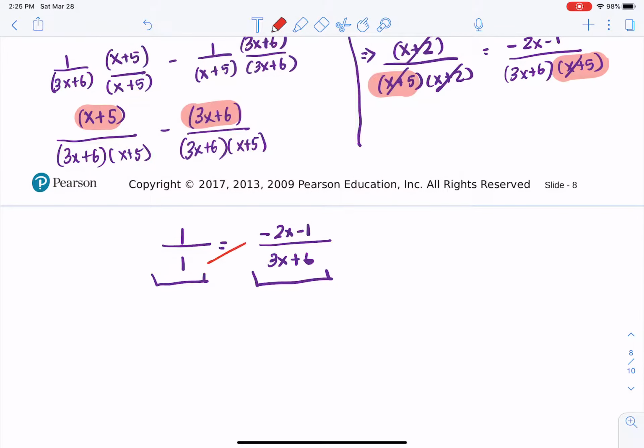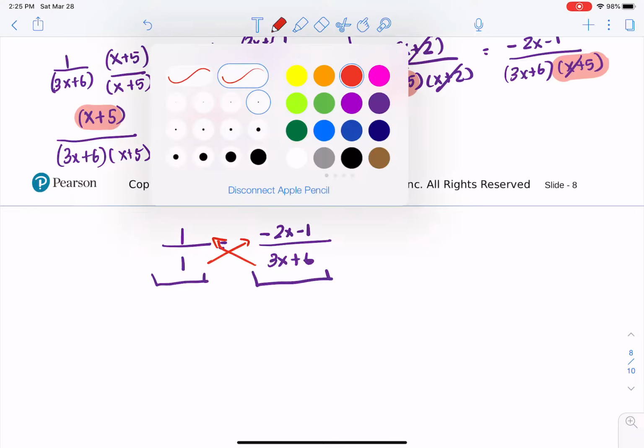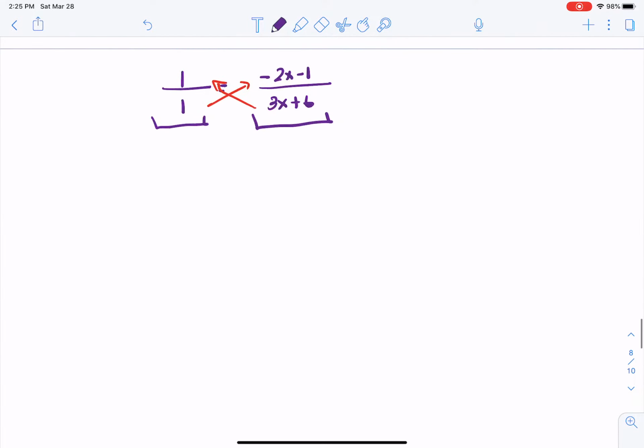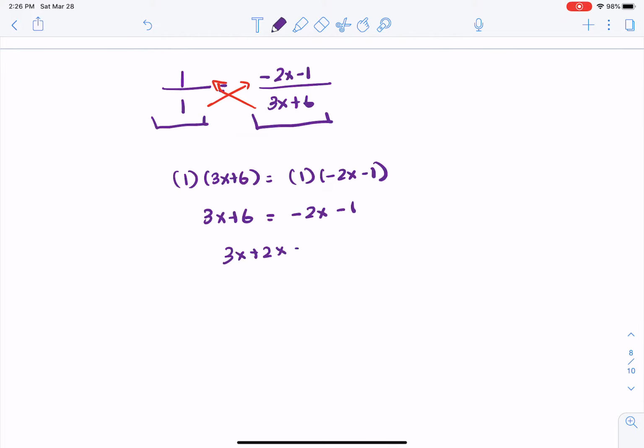So we cross-multiply to get 1 times 3x plus 6 equals 1 times minus 2x minus 1, which would give us 3x plus 6 equals minus 2x minus 1. Bring all the numbers to one side and x's to the other. 3x plus 2x would equal minus 1 minus 6. 5x would equal minus 7, which would imply x is equal to negative 7 over 5.